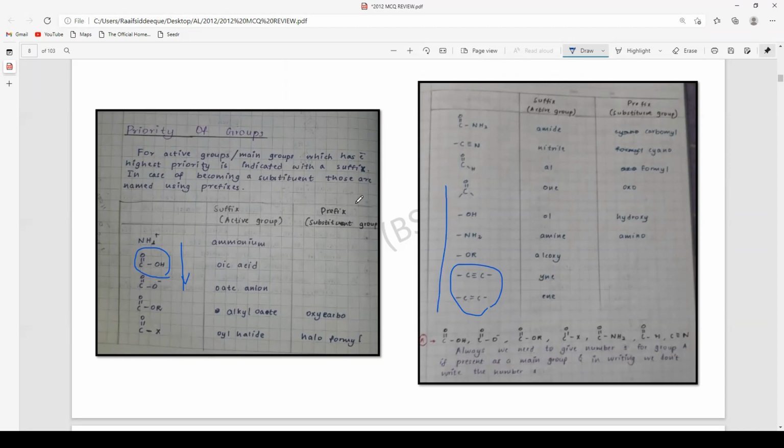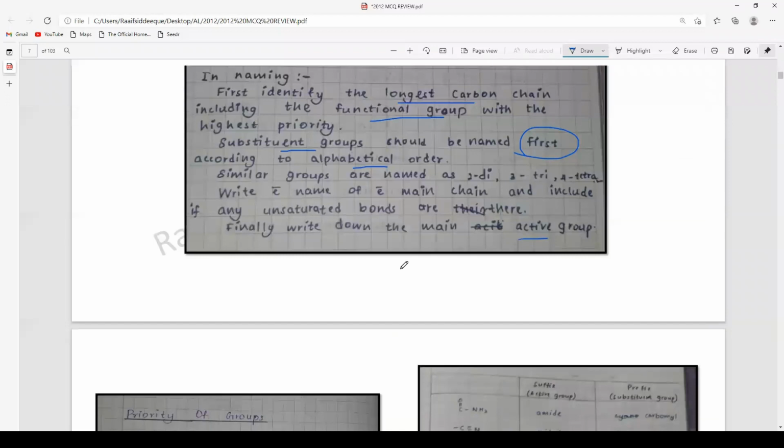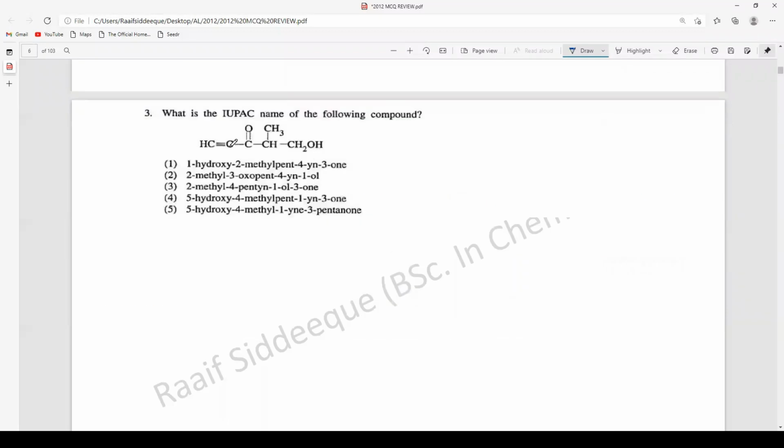So when you have two different functional groups, you need to decide which one will have the priority. For example, in this question, you first have to identify the longest chain. If you think this is 1, 2, 3, 4, 5, yes, this will be greater, and you can name it like this.